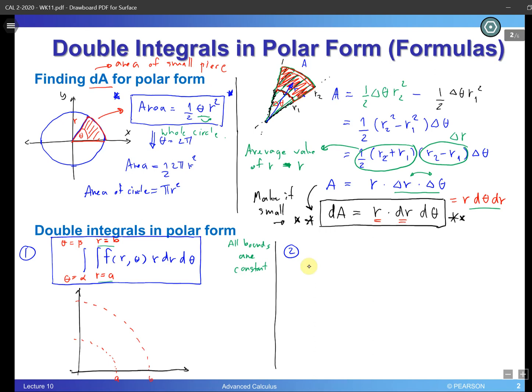Now for the angle theta, let's take a look here. Theta equal to alpha, and it's going to be constant. So let's assume that this is angle of theta. Make a note right here that this one right here is alpha. And the angle ends at theta equal to beta. It's going to be this.